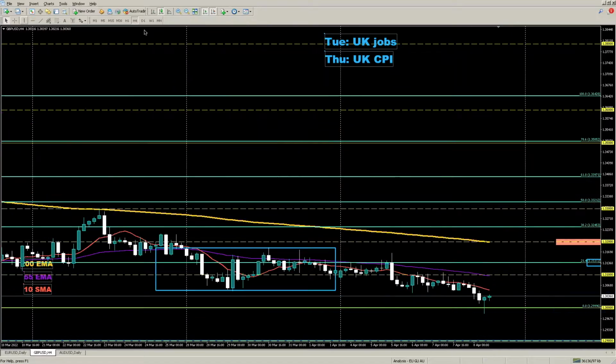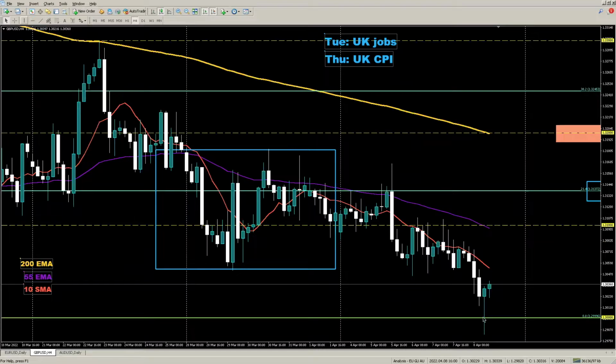Let's take a look at the 4-hour time frame. It's the long tail and the long wick down here after bouncing back up.